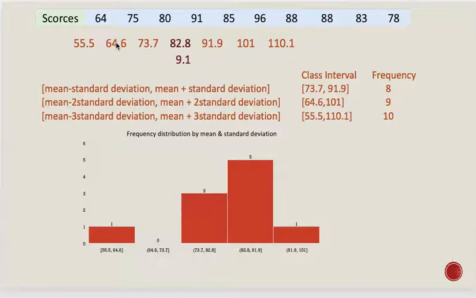This one is symmetric to this one. It is the mean minus 2 standard deviations, and so on. This one is the mean minus 3 standard deviations.